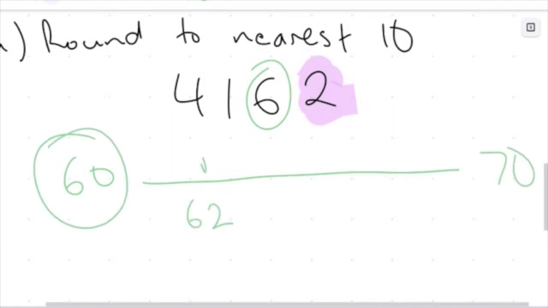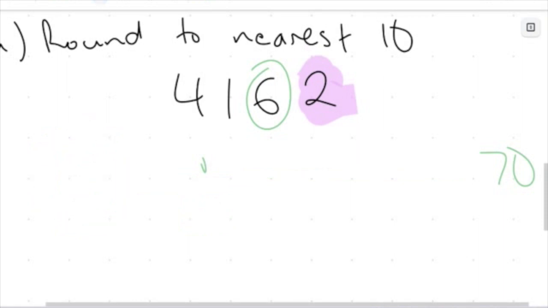So it's a lot closer to 60. And that's what we do when we round. So this to the nearest 10 would be 4,160 because I'm getting it to the nearest 10 here.